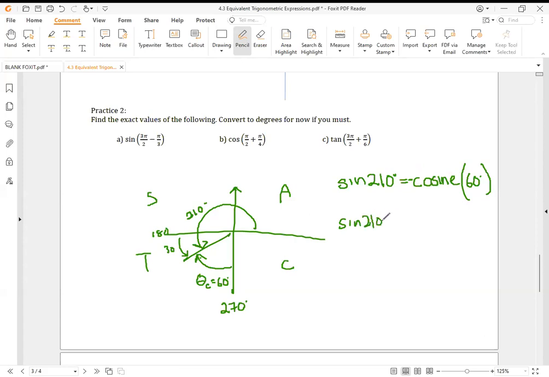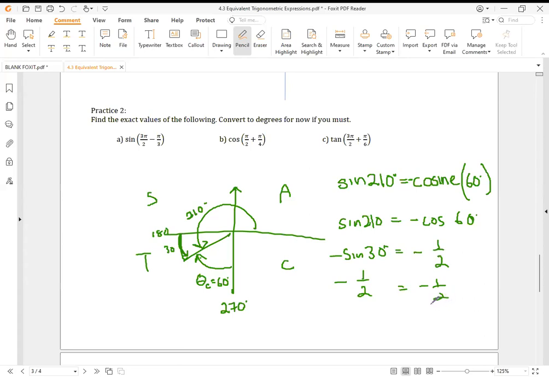Sine of 210 is negative cosine of 60. Shall we test it? Sine of 210 is the same as negative sine of 30 degrees, which is negative 1 over 2. Negative cosine of 60, if you do the special triangles, is equal to negative 1 over 2.